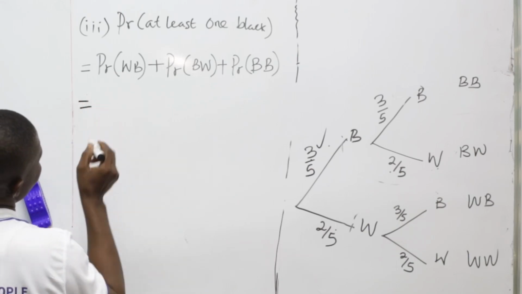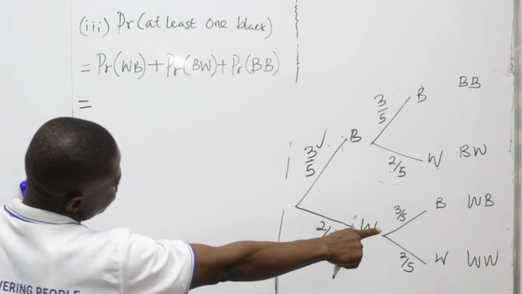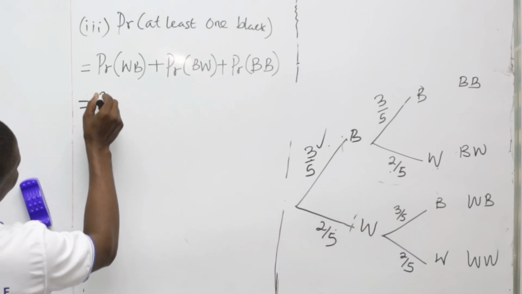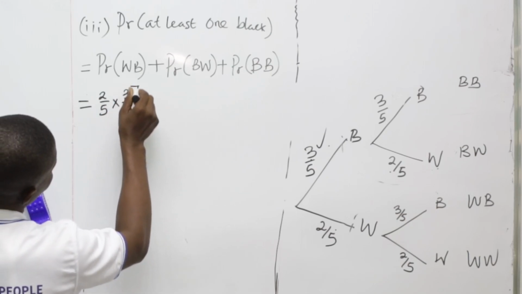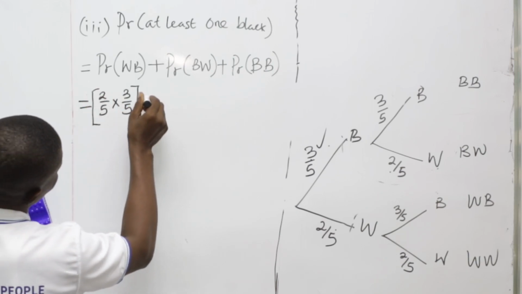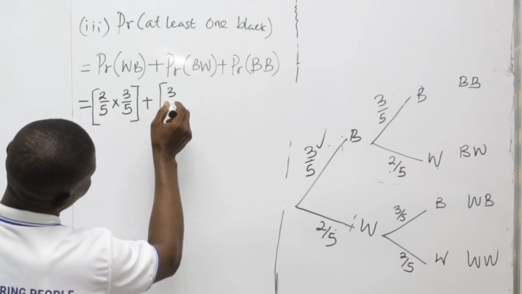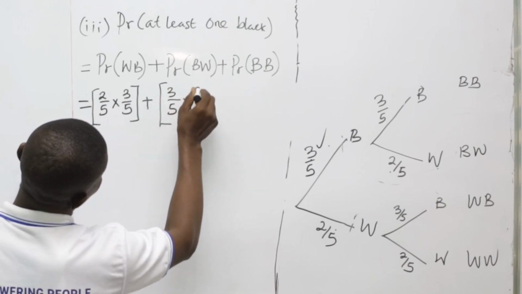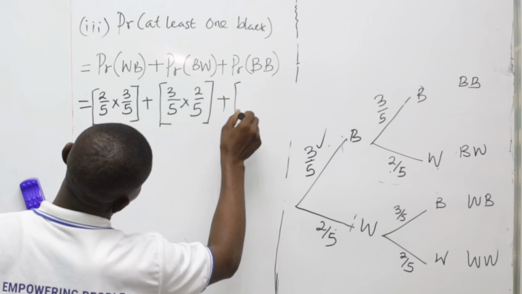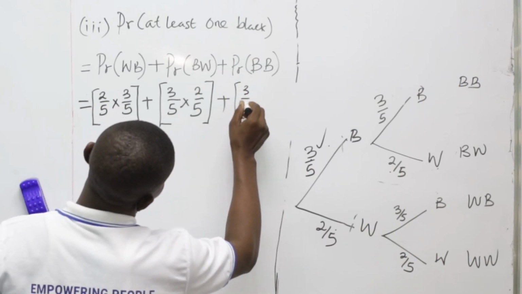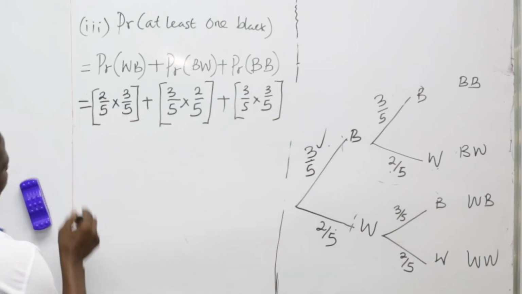So we'll have that PR of white black, 2 over 5 multiplied by 3 over 5, or 3 over 5 multiplied by 2 over 5, or 3 over 5 multiplied by 3 over 5. This is all we need for this question.